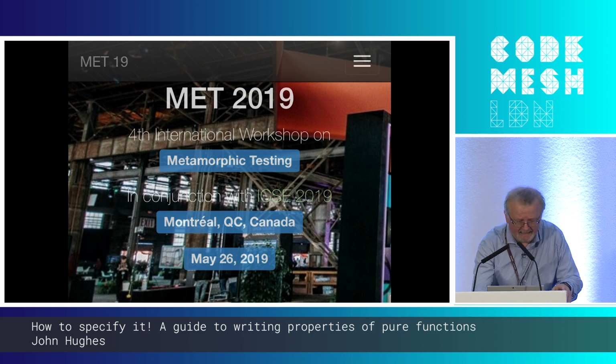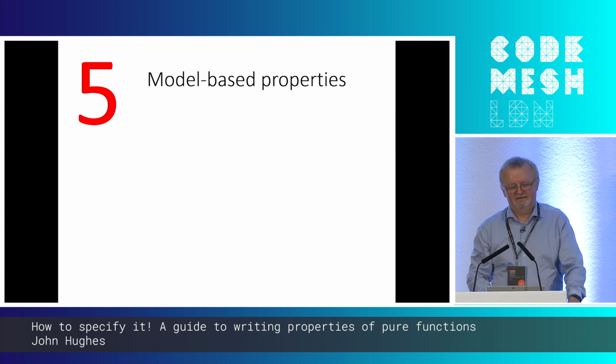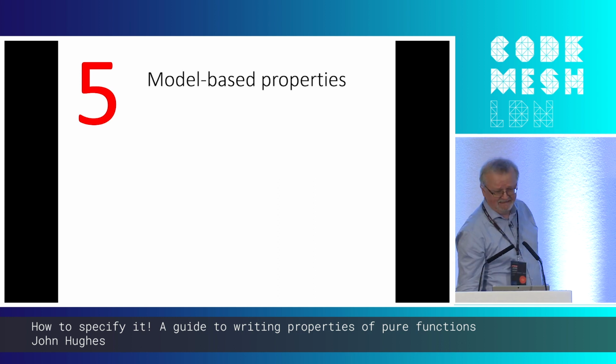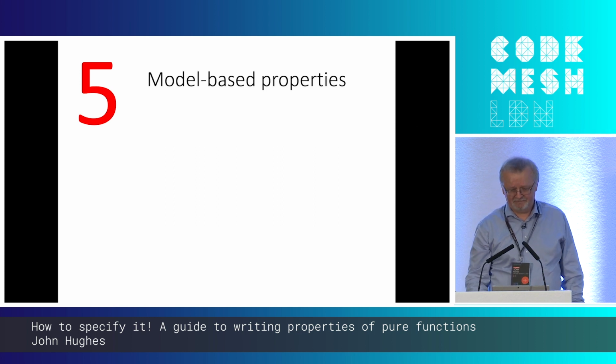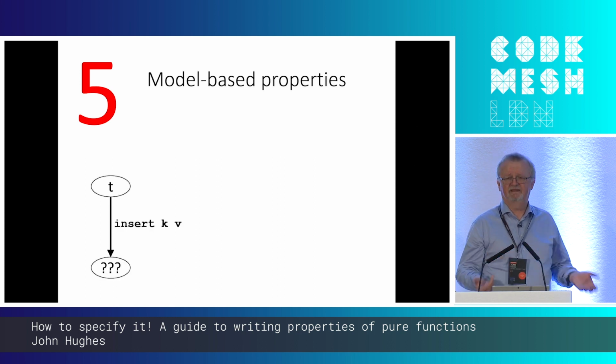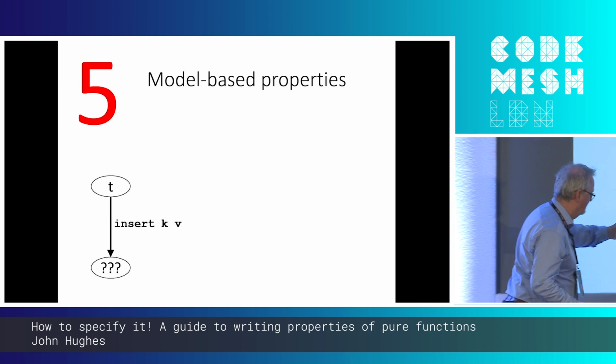OK. Now, I said we would see 5 different kinds of ideas if there was time. There isn't. So let's jump straight to the 5th. The 5th idea is what I call model-based properties. So here, the idea is, suppose we start off with some tree, and we insert something into it. It's hard to predict what the result should be.